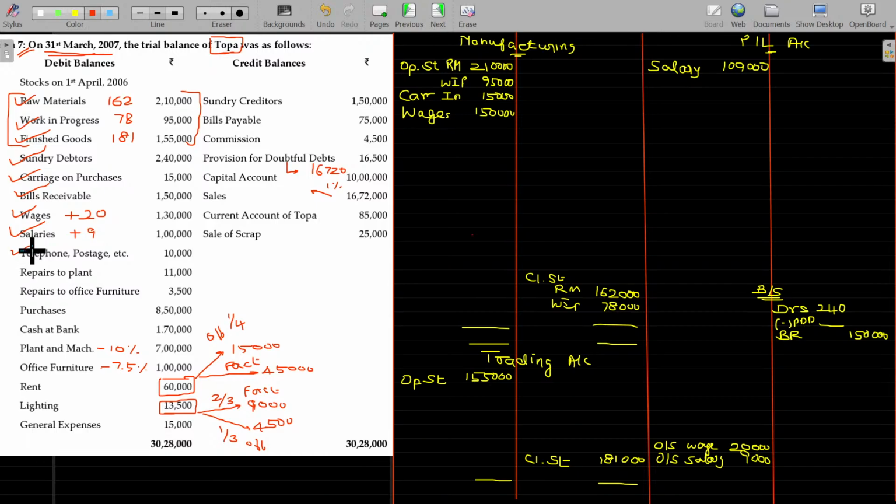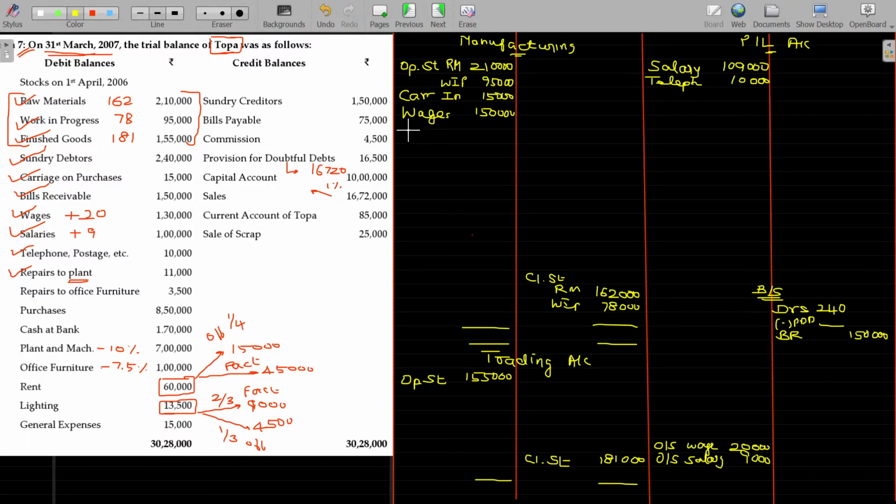Telephone and postage will be debited in the P&L account related to the admin expenses, right? So telephone, the value being 10,000. Repairs to plant will be debited in which account? Manufacturing account. Plant, machine, whatever it may be, will be available only in the workshop. So any expenses related to that will be debited to the manufacturing account.